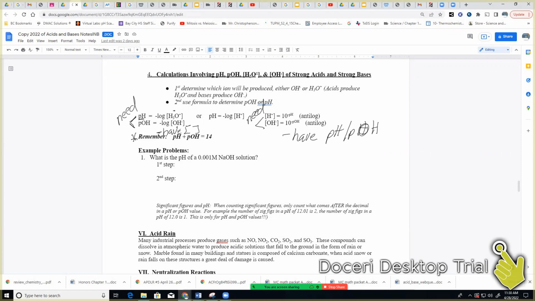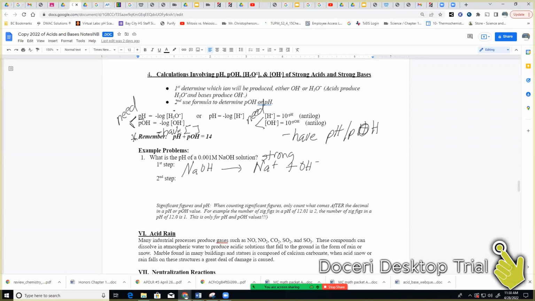All right, so let's just start here. We'll look at sodium hydroxide. Sodium hydroxide is a strong base. You have to recognize it as a strong base. And so we said if a strong base is in water, it's going to ionize 100% to its ions.